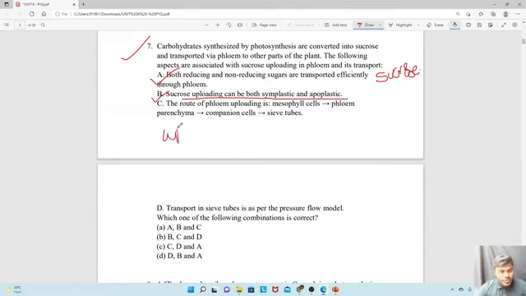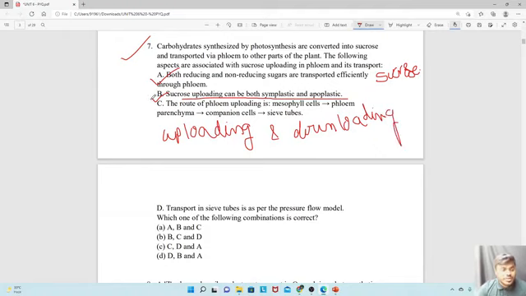In the last 2 days back we read it very clearly and I have highlighted the 2 points. Both loading and unloading of the sugar, what we discussed, contained both the symplastic pathway also, apoplastic pathway also. Option C, the route of phloem uploading: mesophyll is the major cell where the sugar is synthesized.